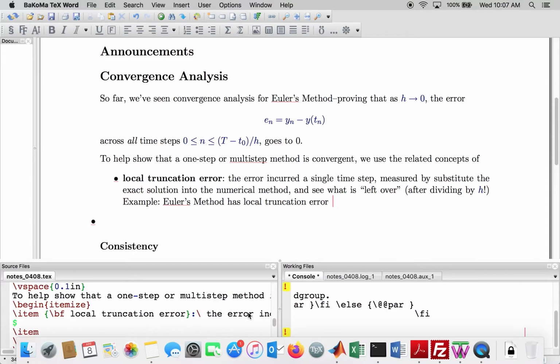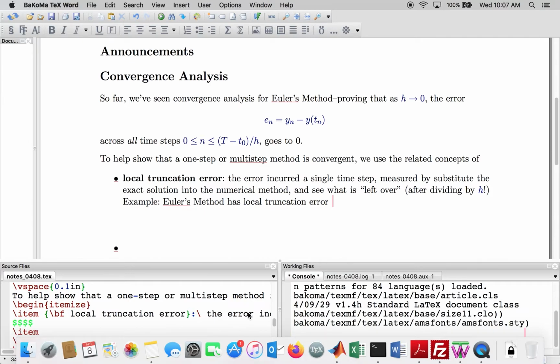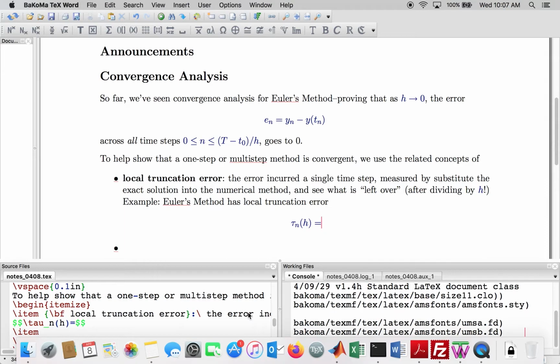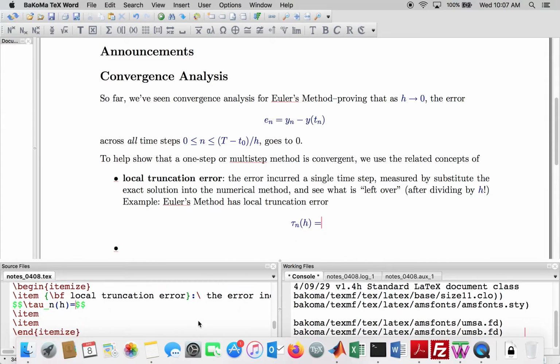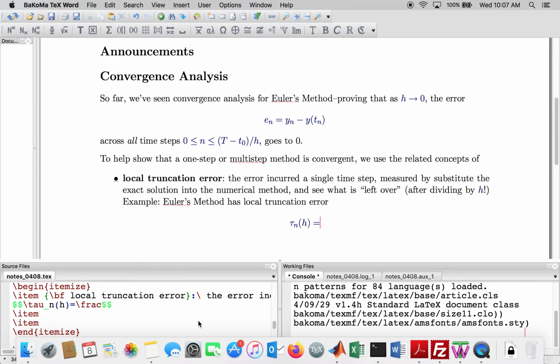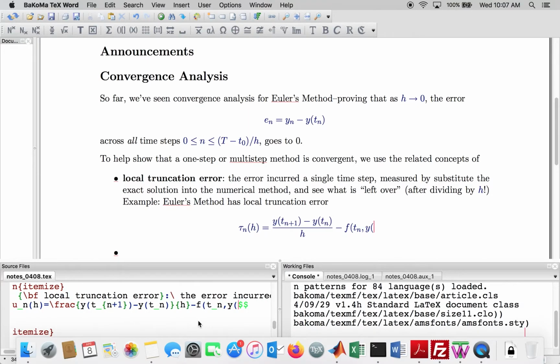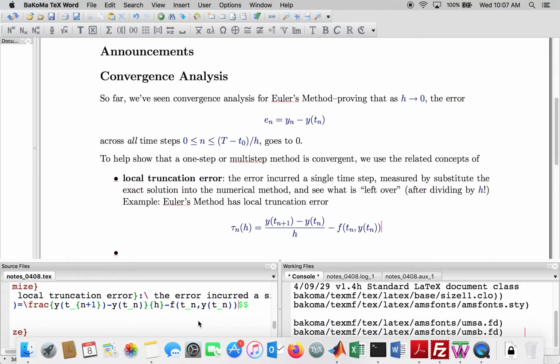the way local truncation error is defined, all right, so it's thought of as a function of h, but also varies from one time step to the next. So with Euler's method, I have y at tn plus 1 minus y of tn all over h minus f of tn, y of tn.